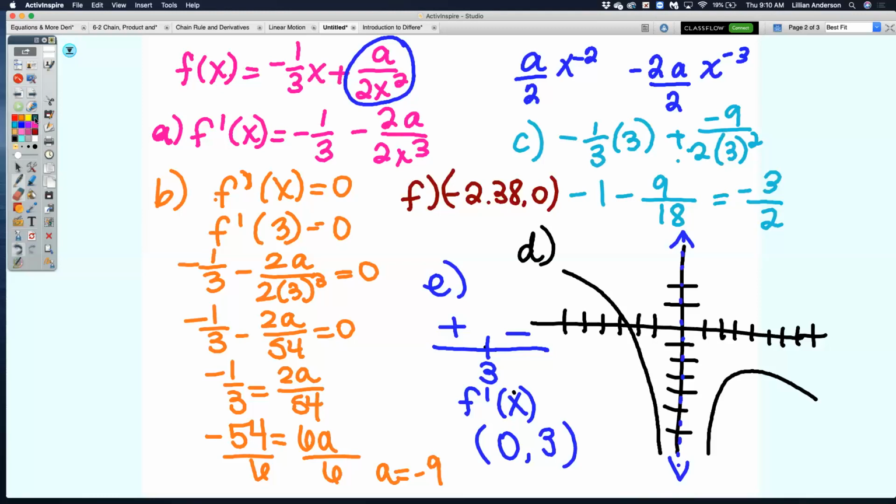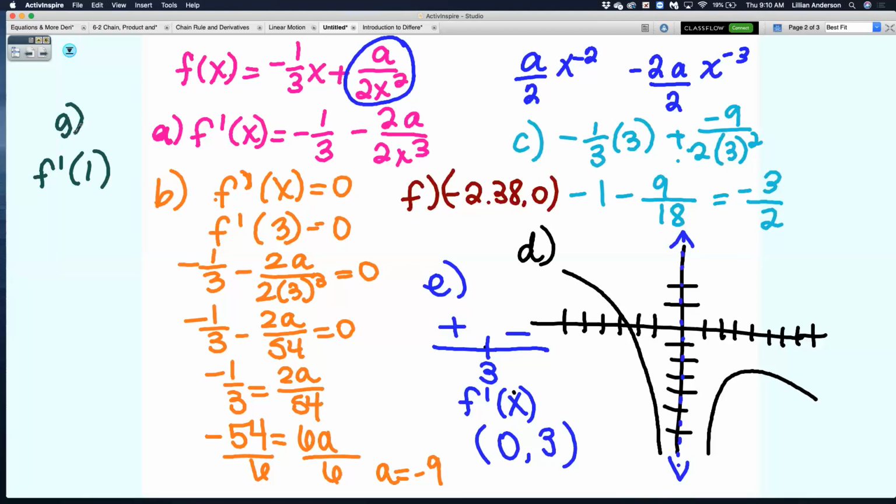Very good. So f prime of 1 means I take 1 and plug it into my derivative, which I found back in part A. I'm at part G now. Remember, A was negative 9. So 2 times negative 9 is negative 18. A negative and negative make a positive 18, all over 2 times 1 to the 3rd power.